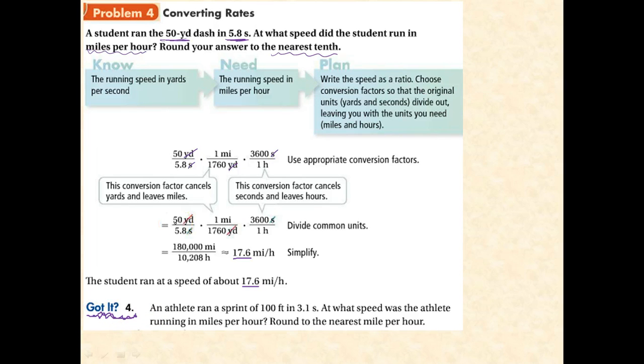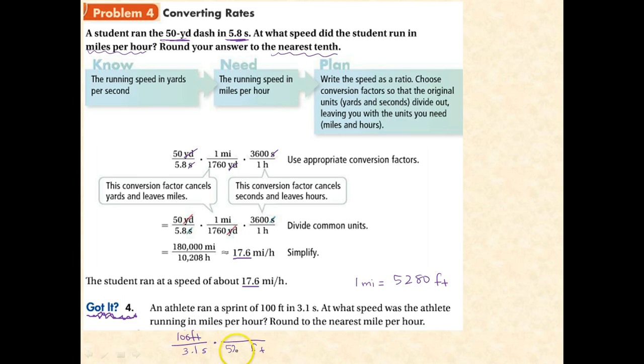All right, so our sprinter ran 100 feet in 3.1 seconds. So that's feet per second. And now I want to get miles per hour. I know that 1 mile equals 5,280 feet. And I want my feet to cancel. So I'm going to put my feet on the bottom because these feet are on top.